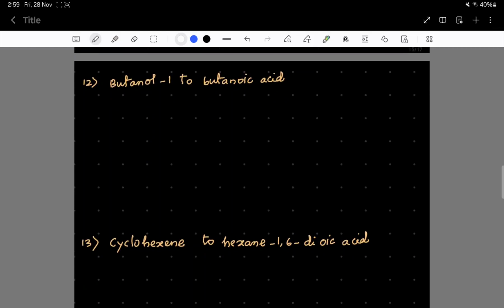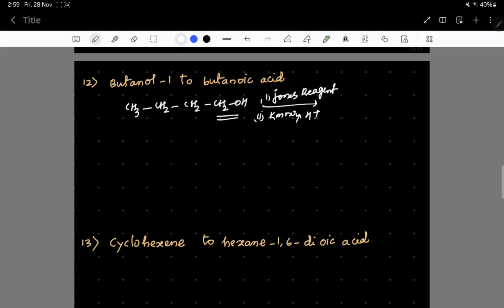Next, student, butanol to butanoic acid. This is also a simple reaction, student. This is CH2OH, a 1 degree alcohol. So use Jones reagent, or you can use KMnO4, a strong oxidizing agent.